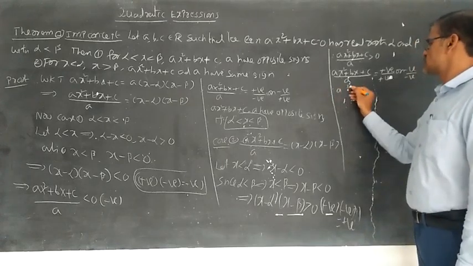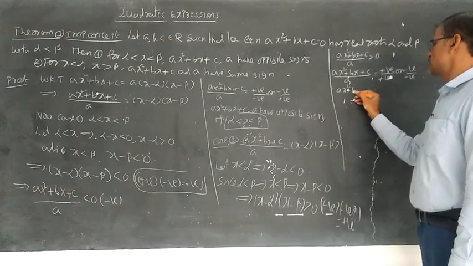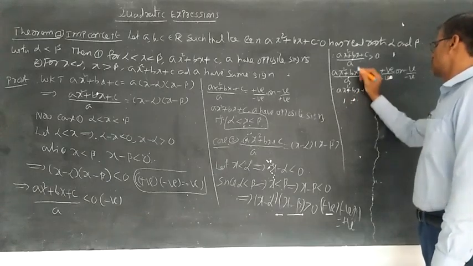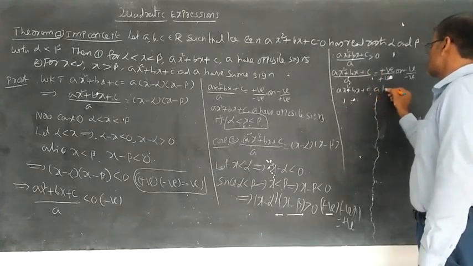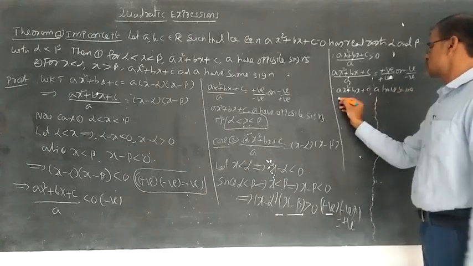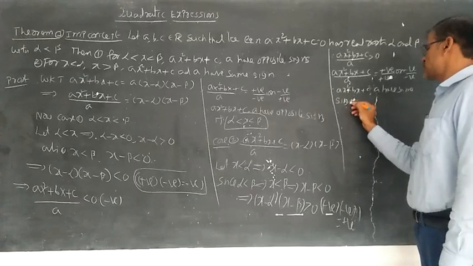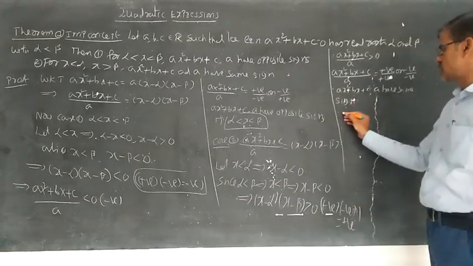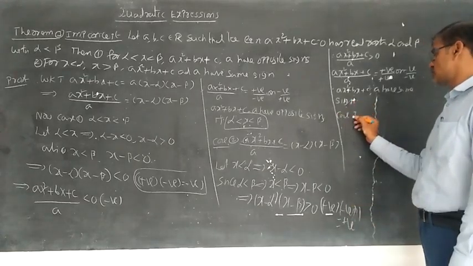Therefore, ax square plus bx plus c and a have the same sign. Keep that aside. Another case is also there.